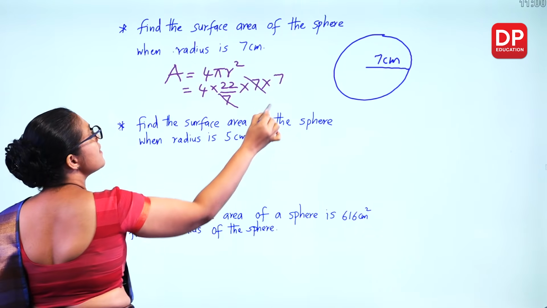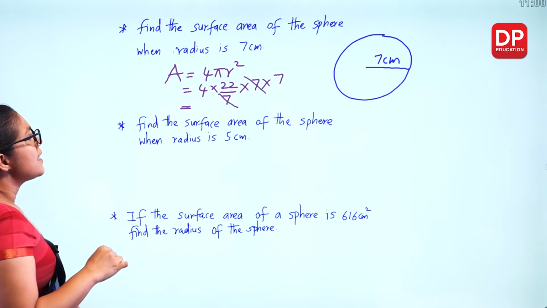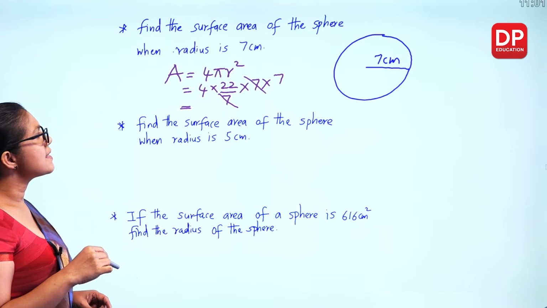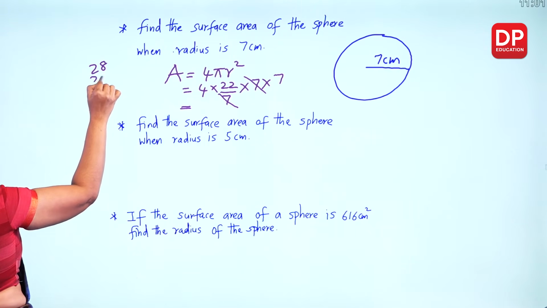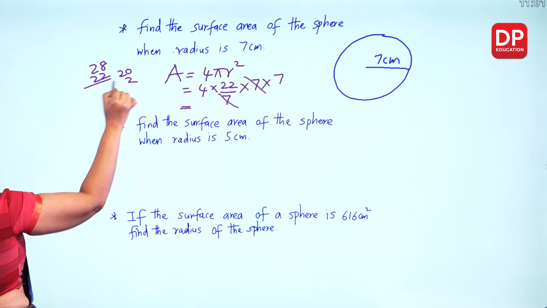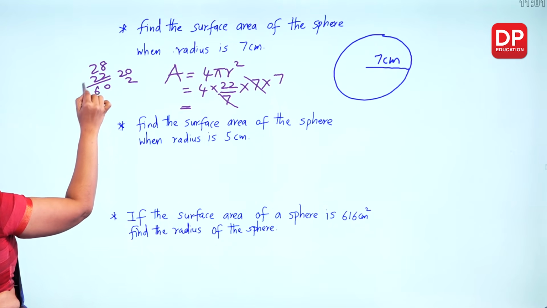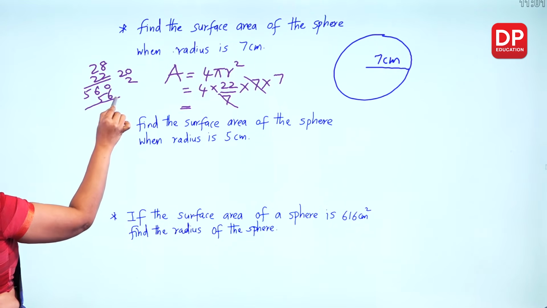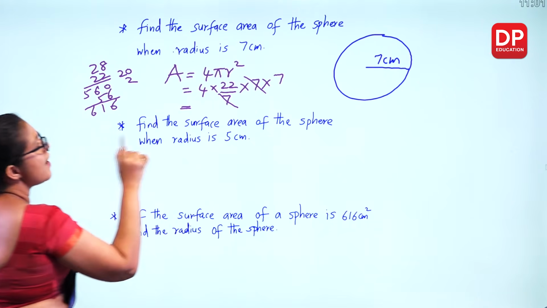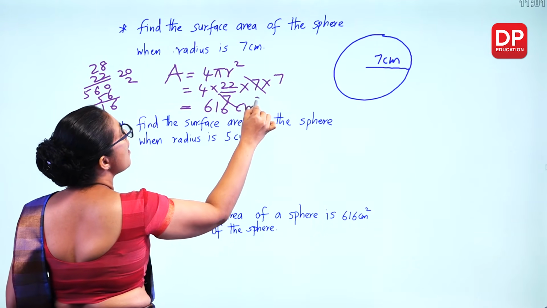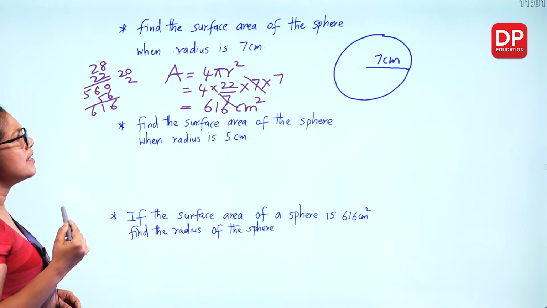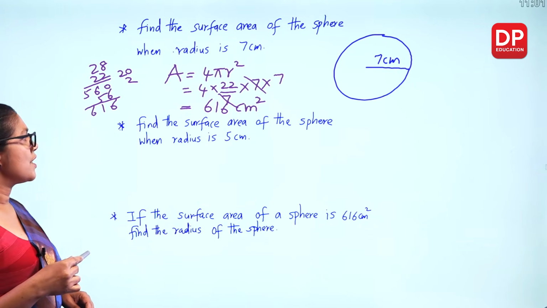Simplify: 4 times 7 is 28. 28 times 22, multiply, and you get 616. The unit is square centimeters for the surface area of this sphere.